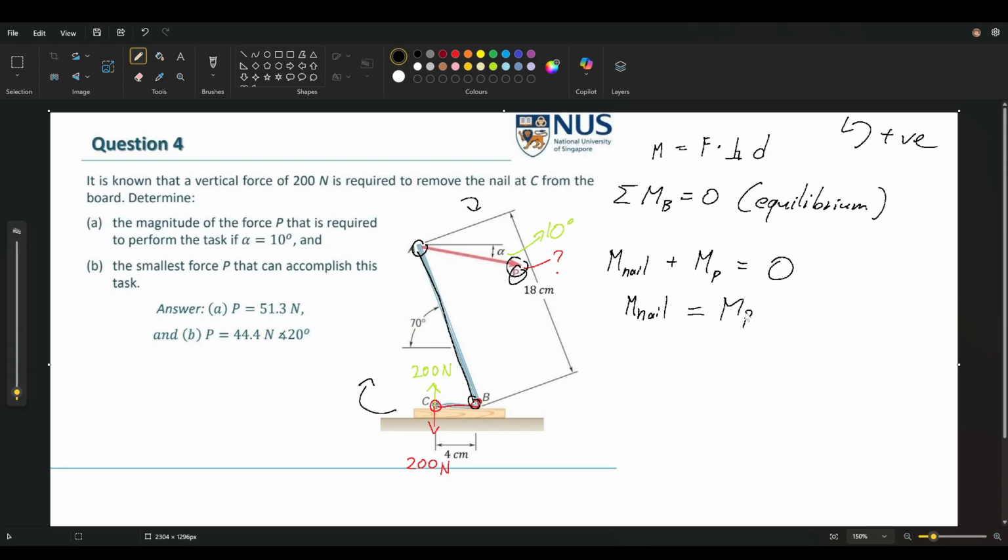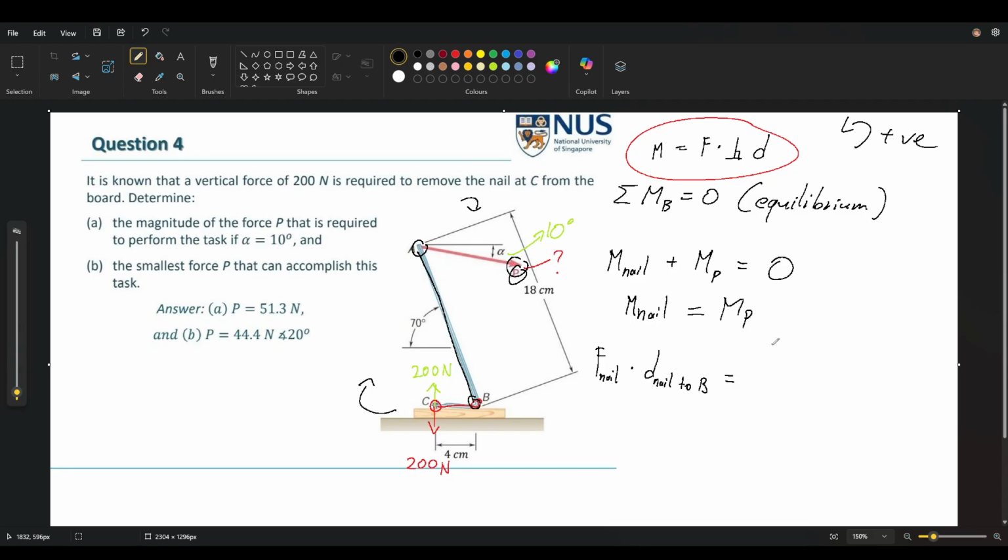And let's just, okay, I'm just going to go through it much slower. So remember, moment is force times distance. So moment of nail is basically force from the nail times distance from nail to B. Okay?